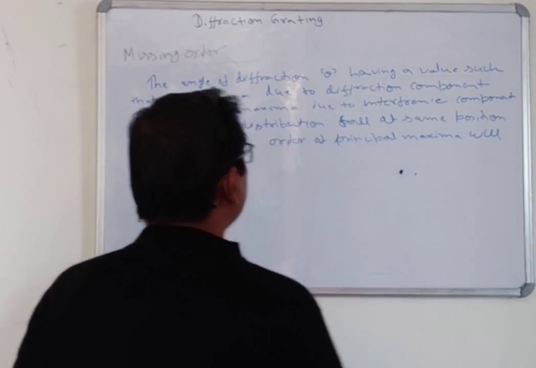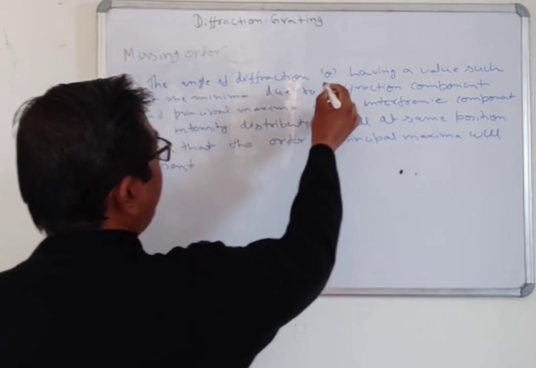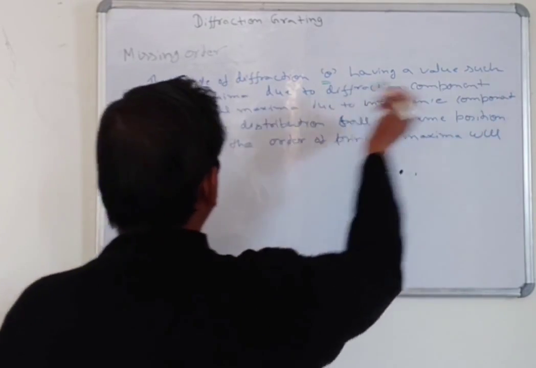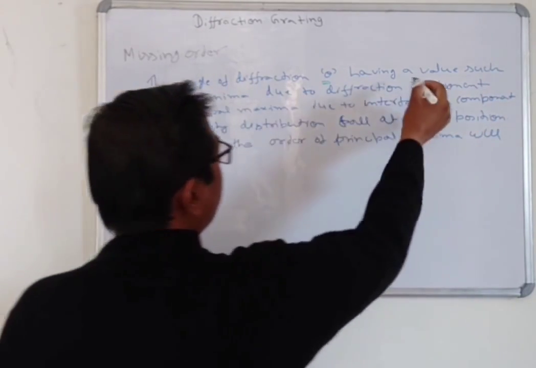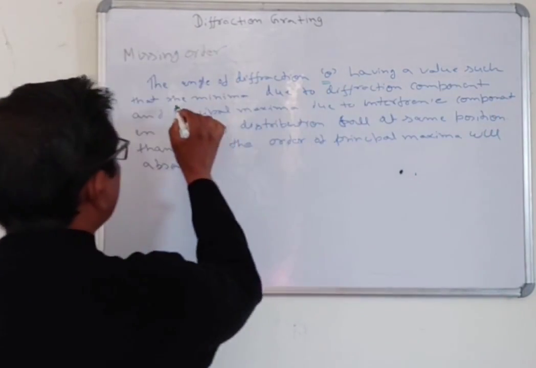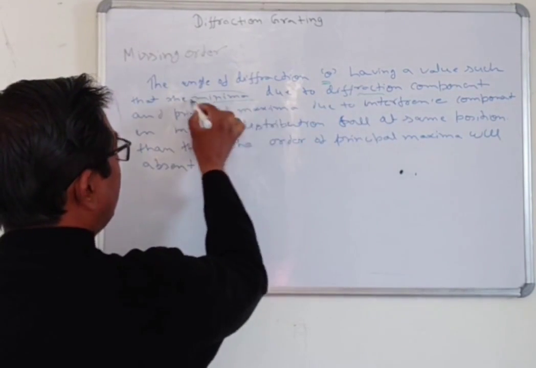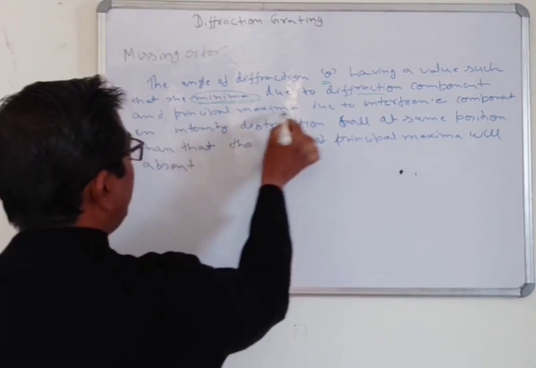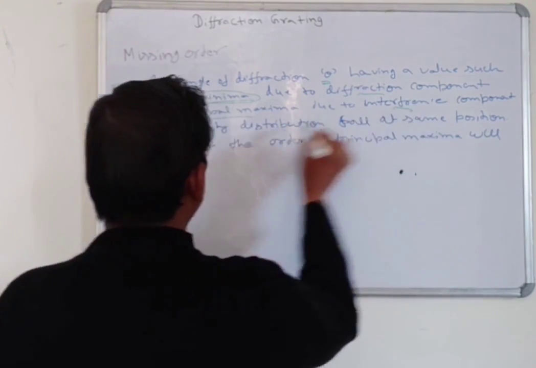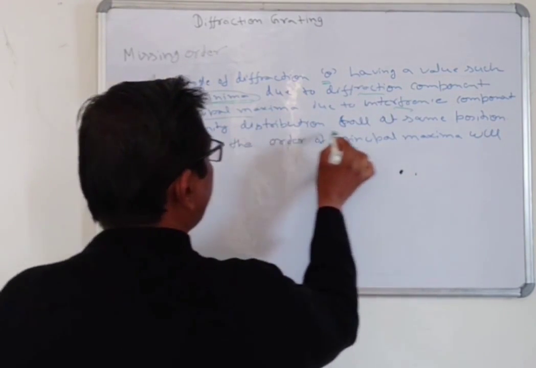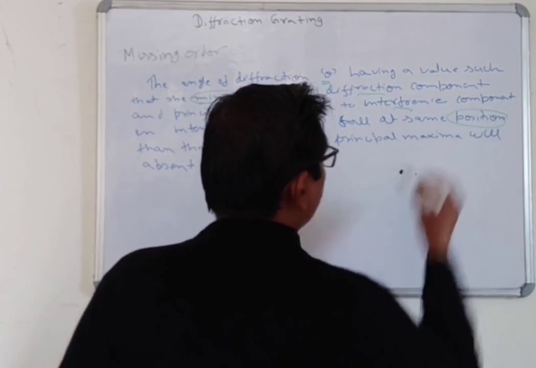You can see here the angle of diffraction theta has a value such that the diffraction minima and the principal maxima due to the interference intensity distribution fall at the same position.